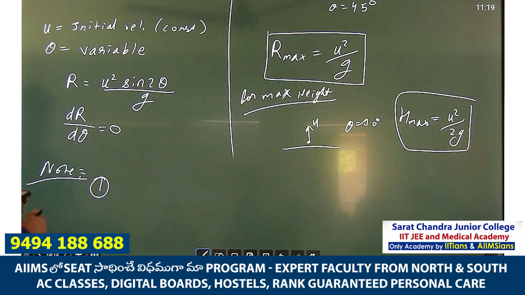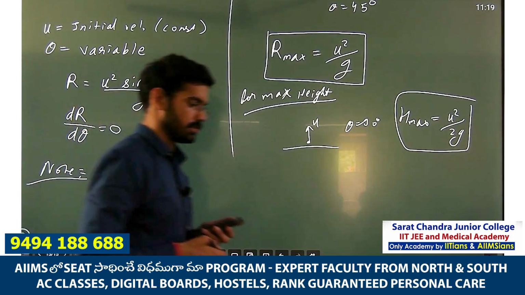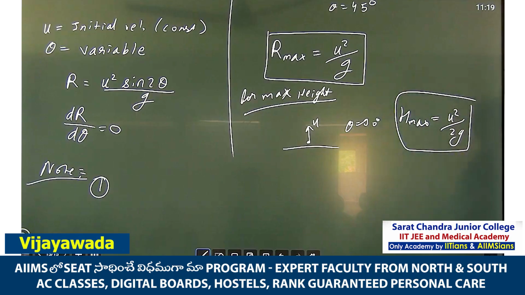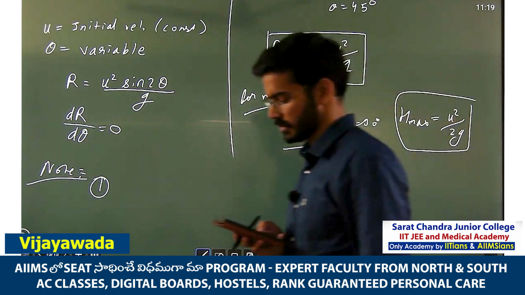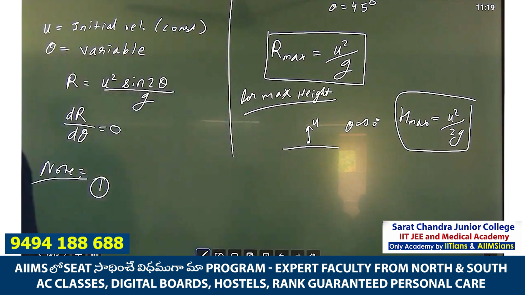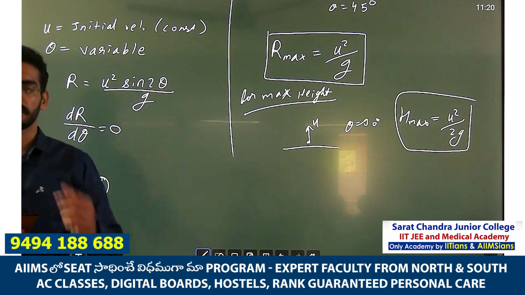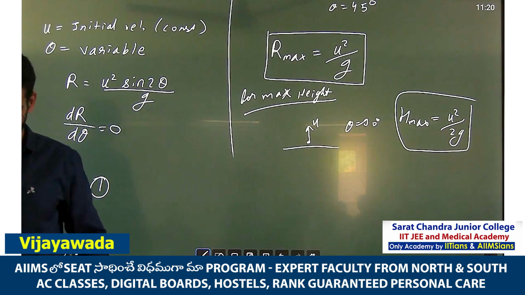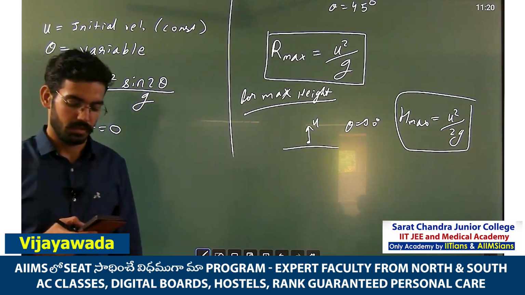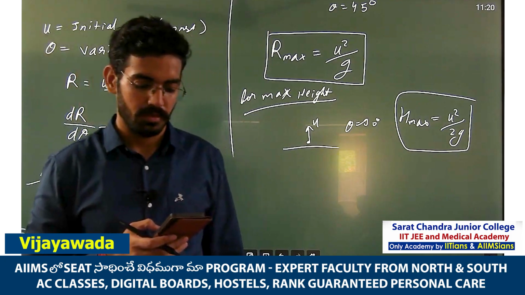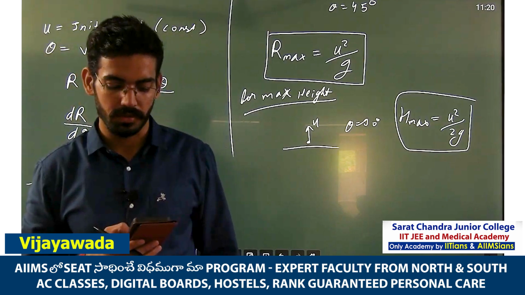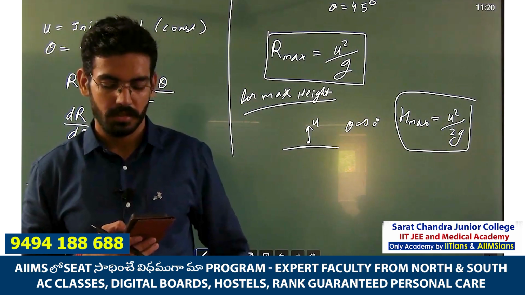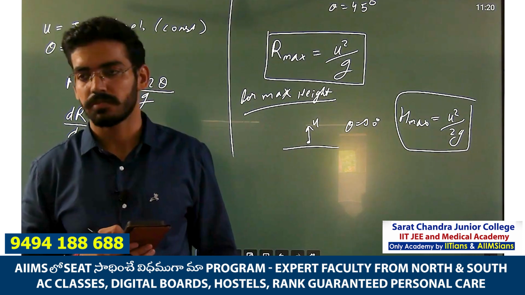First point, write down. Maximum range up to which a particle can be thrown is double of maximum height up to which it can be thrown.